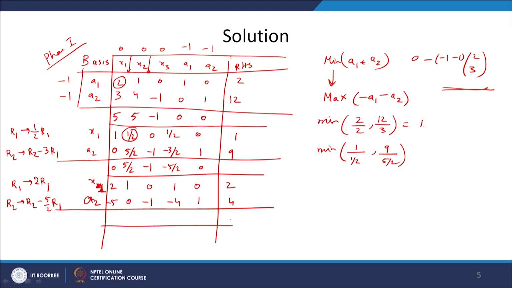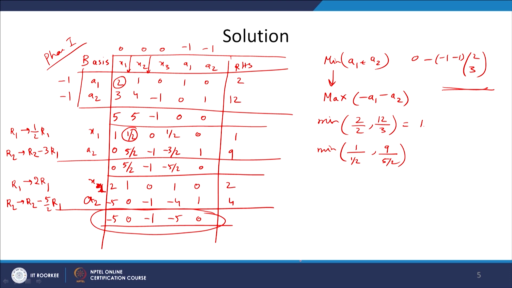Again we calculate the deviation entries and we find that the deviations are minus 5 0 minus 1 minus 5 and 0. So, what do we find? We find that all the entries in the deviation row are either 0 or less than or equal to 0.